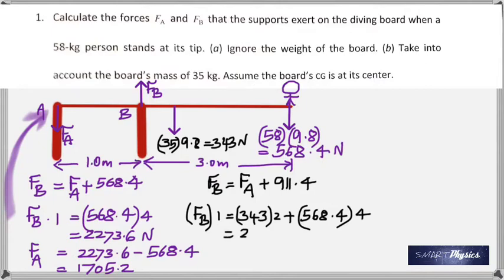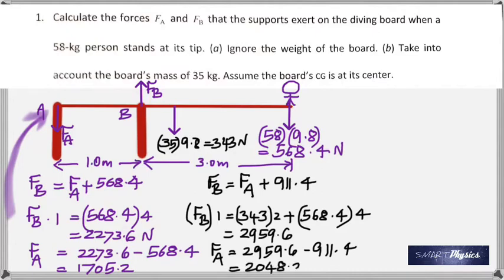Okay, calculate that. You get Fb. Once you get Fb, substitute it back and you get Fa. You know it's 2 because the mass is in the center, right? Yeah, because the center of gravity is exactly at 2. Okay. So you get Fa is 2048.2.